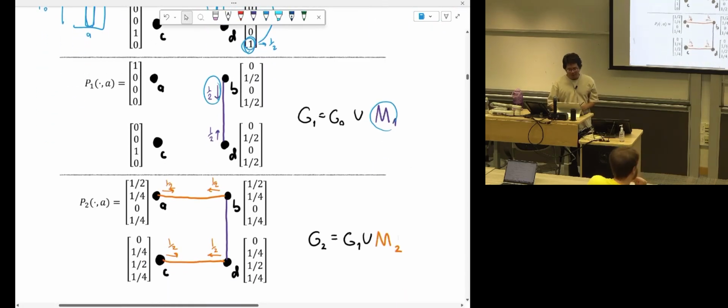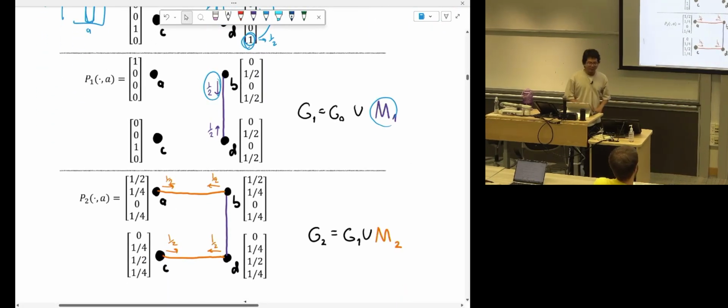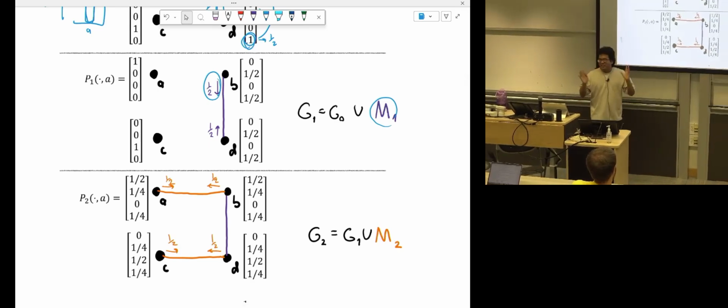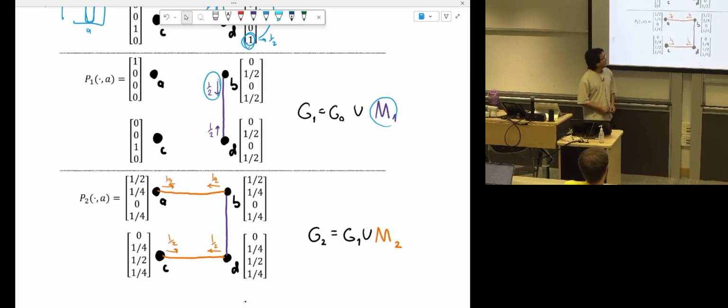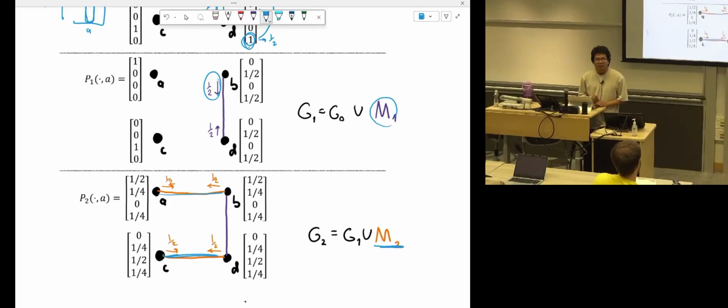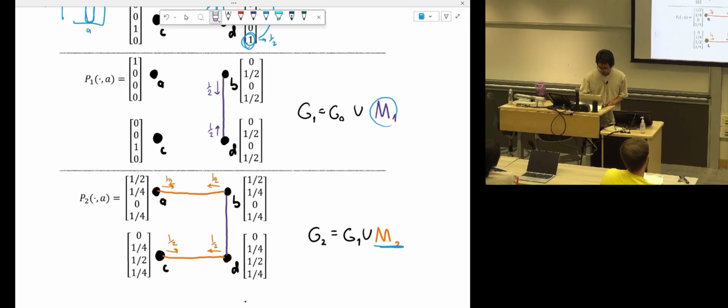Okay. Let me still go on and give another example. I just want to make it really concrete so that you can imagine what's going on. Okay. So suppose that my next matching is these two edges. Okay. So what will happen? Let's look at this one, right?